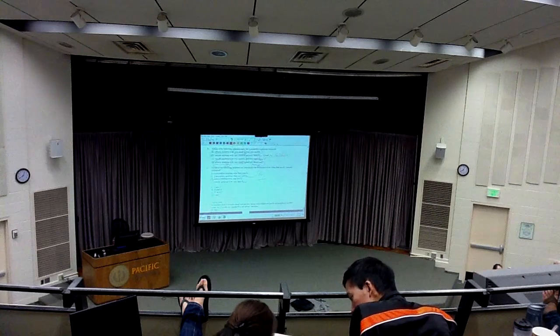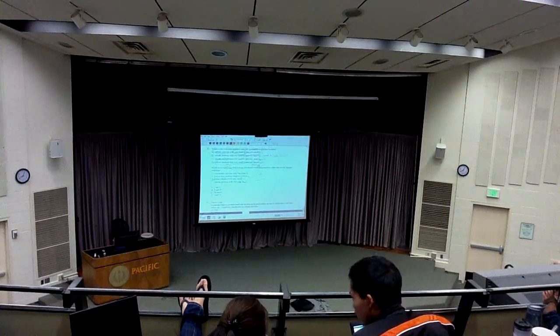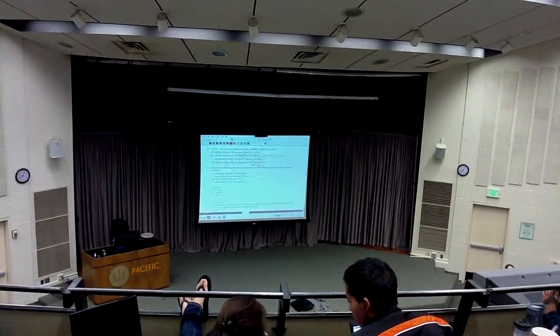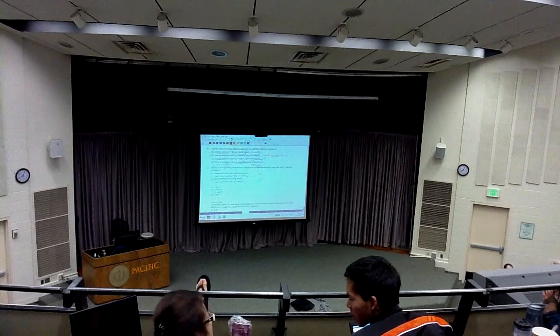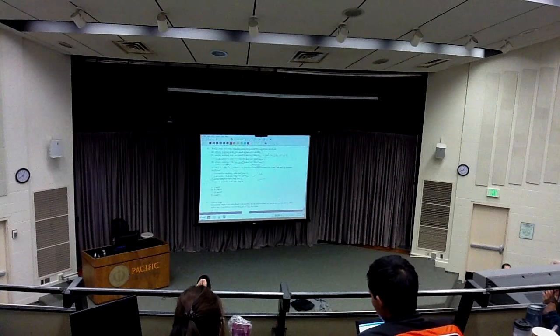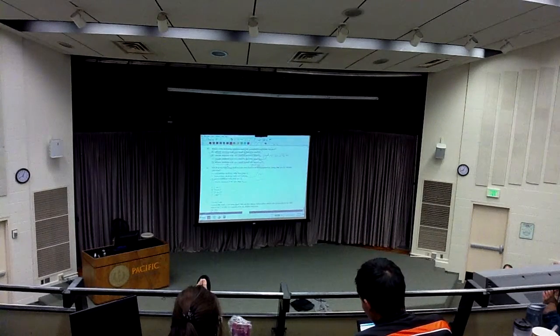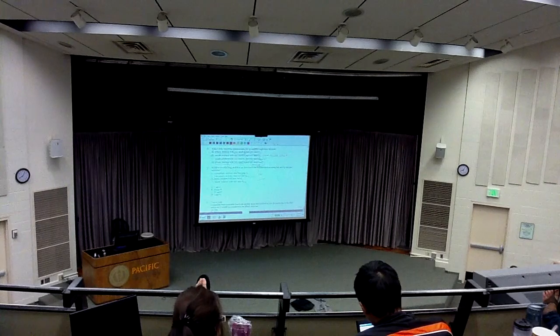The question is, what are we looking at when we look at the big Ki? The big Ki always refers to how well the inhibitor binds to the enzyme. There are two parameters.